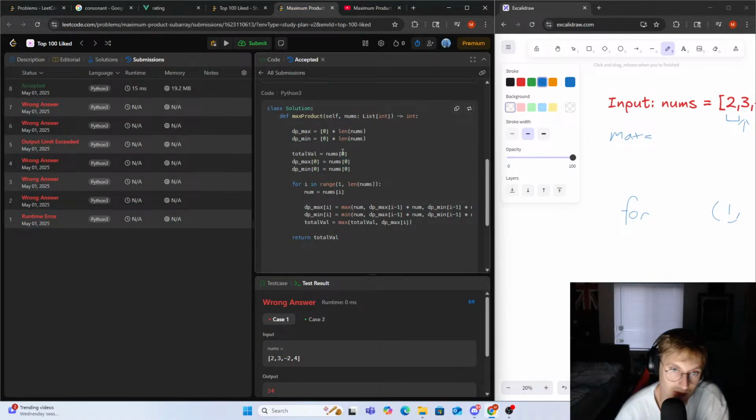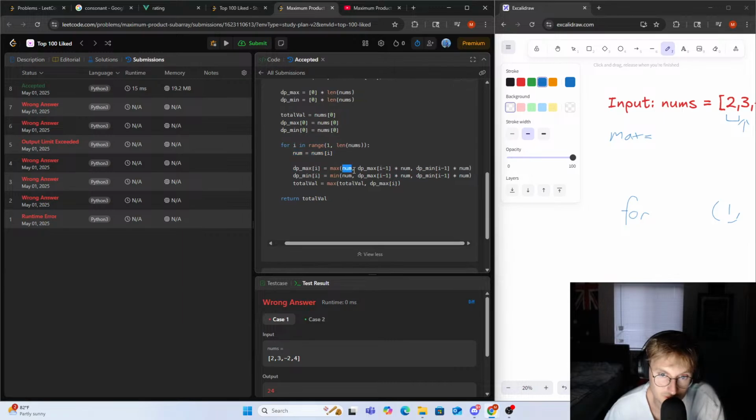What an interesting solution I did here. Is this a top down? I can never remember what they are. So we did the same thing. DP max 0 is equal to num 0, DP min 0 is equal to num 0, total val is equal to num 0. We loop.